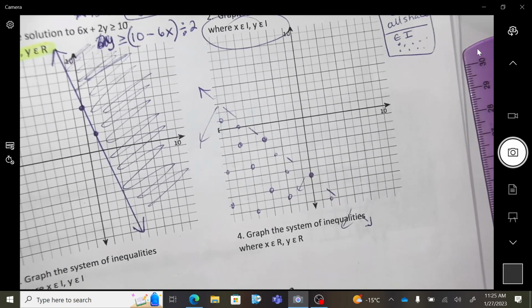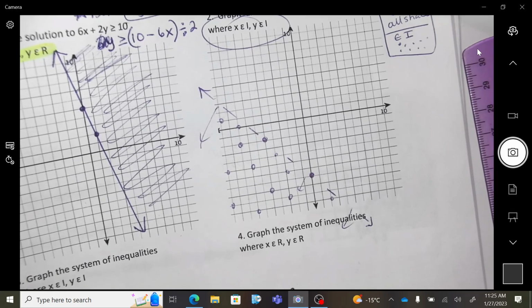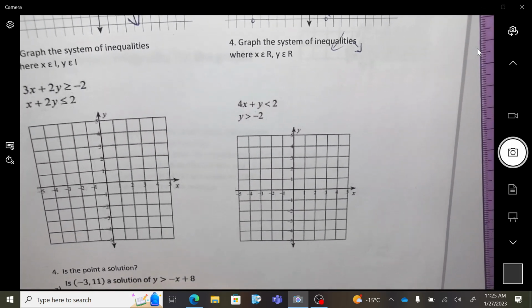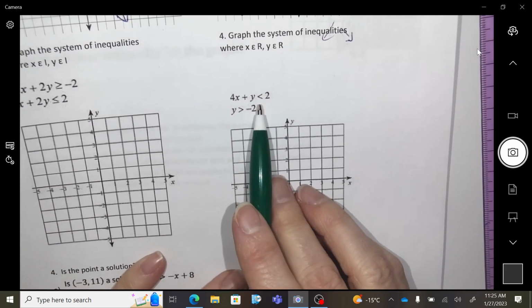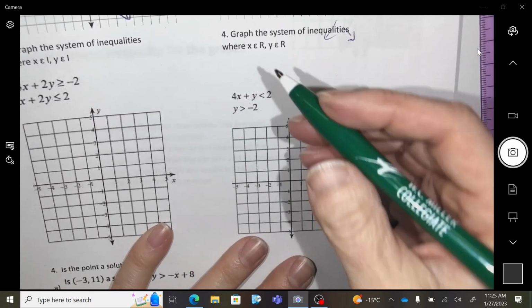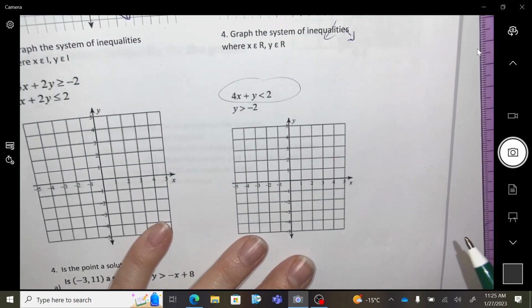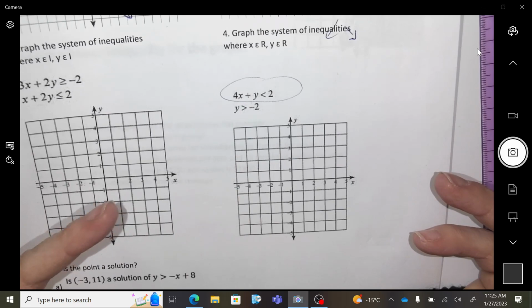Okay, are we okay if I skip a question? We'll just do one more. Is that okay with you? Okay, let's do these two. So here, what's the strategy? I don't have something which is y, so I got to get it alone.